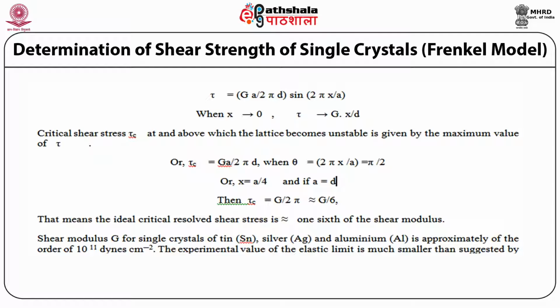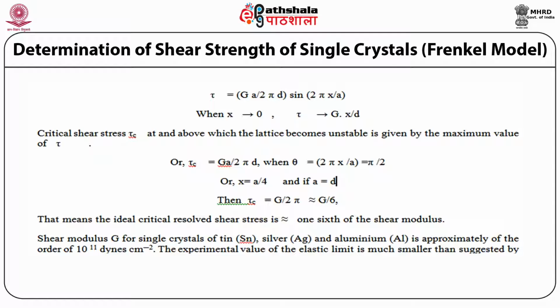If a is equal to d, then tau c is equal to G by 2 pi, which is approximately equal to 1/6 of G. That means the ideal critical resolved shear stress is of the order of 1/6 of the shear modulus.